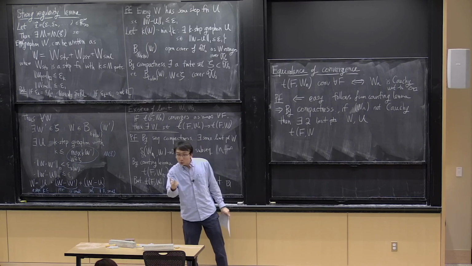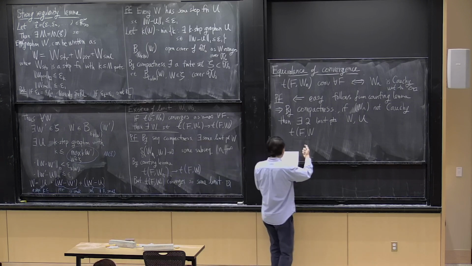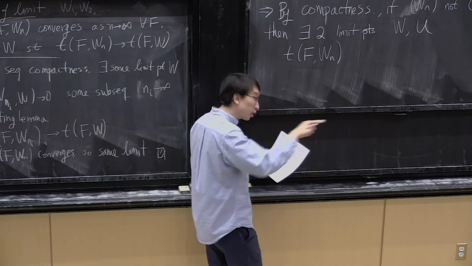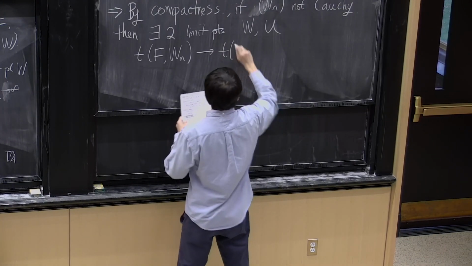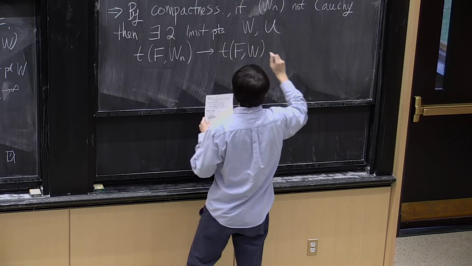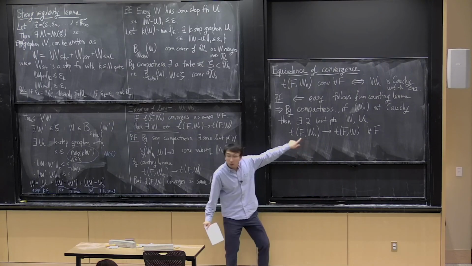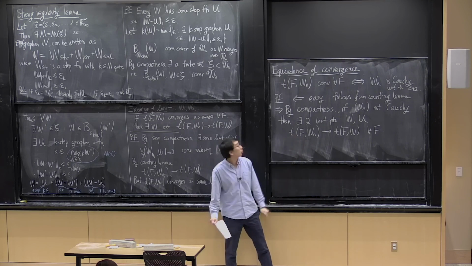Because you have two separate limit points, you must have that this sequence, at least along a subsequence that converges to W, converges in F densities to W. Initially, this is true along a subsequence, but the left-hand side is convergent, so this is true along the whole sequence.